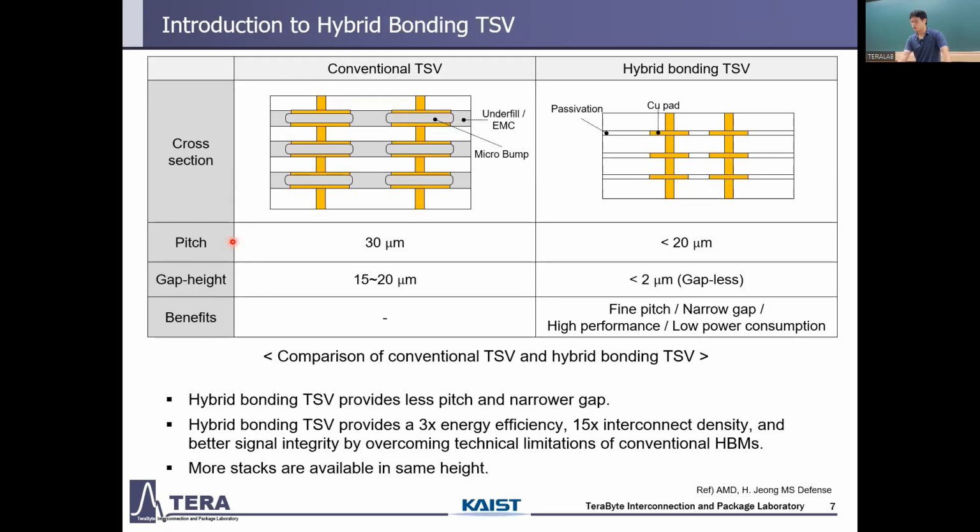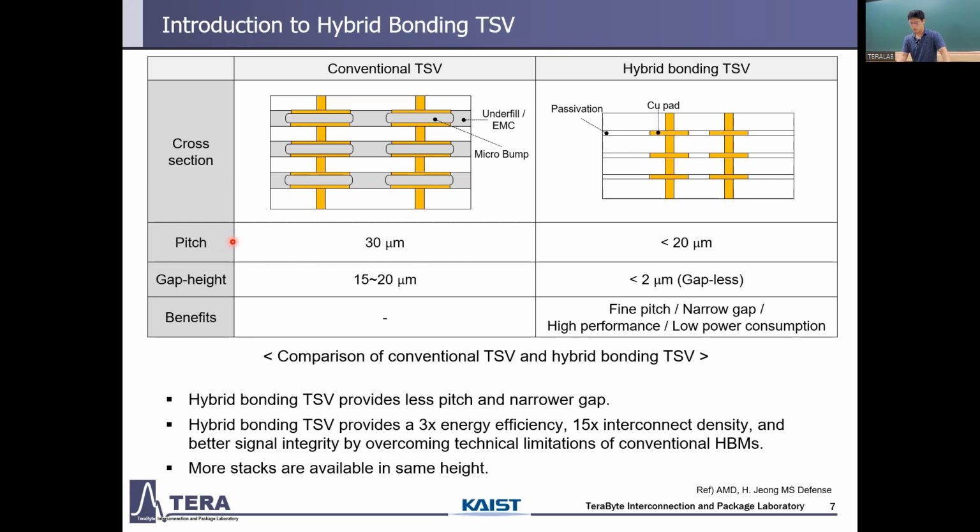So now I'll introduce the hybrid bonding TSV. The left part is the micro bump that I briefly mentioned in the slide before. Its pitch is about 30 microns and gap height is about 15 to 20 microns, which limits the stack numbers. But on the right, there's hybrid bonding TSV, which has a smaller pitch and smaller gap height, less than 2 microns, so we can have a narrow gap, and a narrow gap leads to higher stacks, which leads to high performance and low power consumption due to a shorter interconnect.